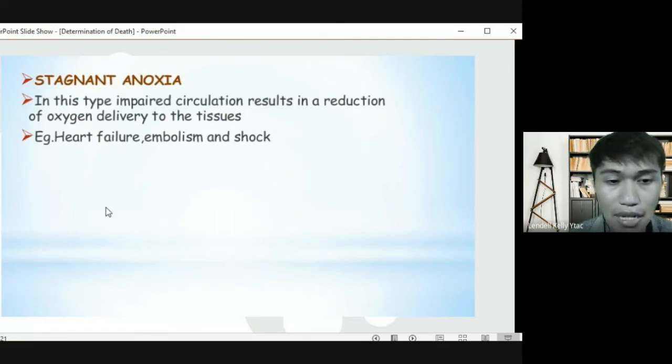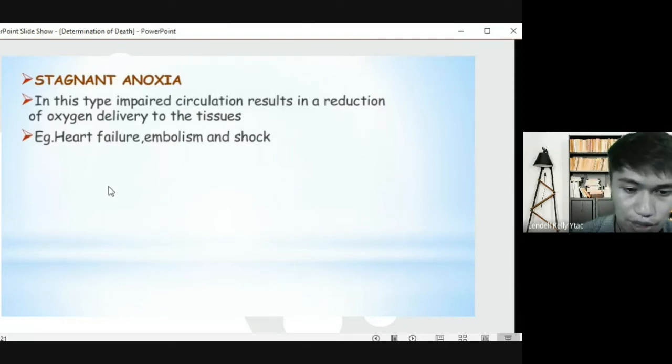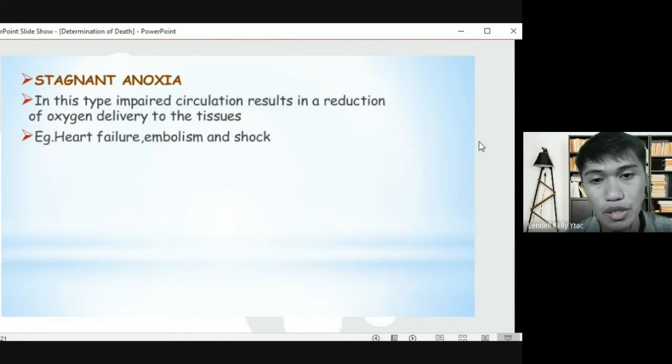It has the same manifestation, and it could lead to cardiac arrest if the process will not be reversed.